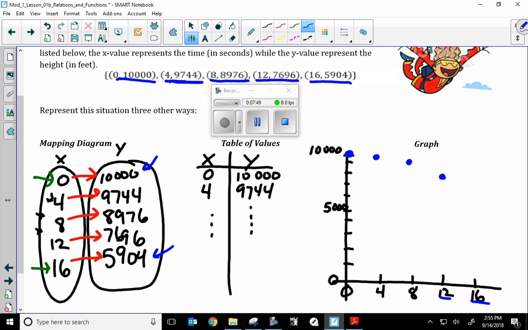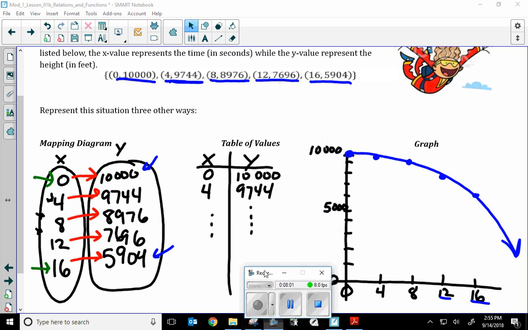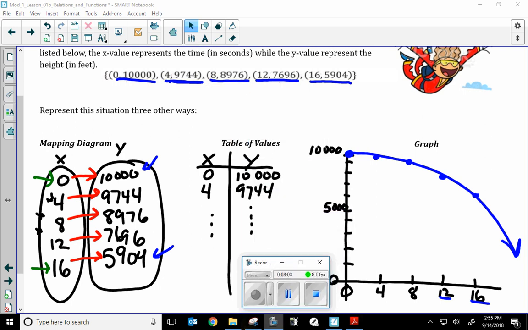So I go to 16, and I go up to almost 6,000, right around there. So you'll see if I were to draw this, it kind of comes down like this. It starts at, there you go. Those represent the other 3 methods of representing a relation other than the ordered pairs that were given to us.